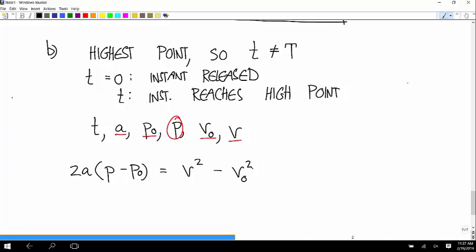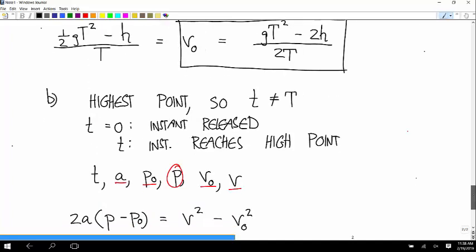And now we can substitute in the things that we know. So 2 times negative G times the quantity P minus H is equal to 0 squared minus, and now we have this hideous thing squared.